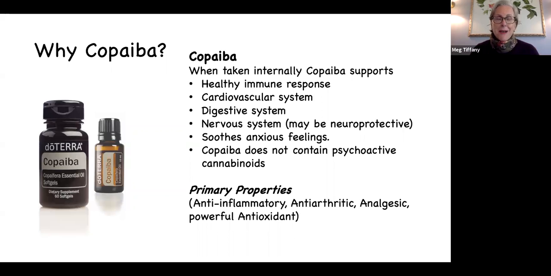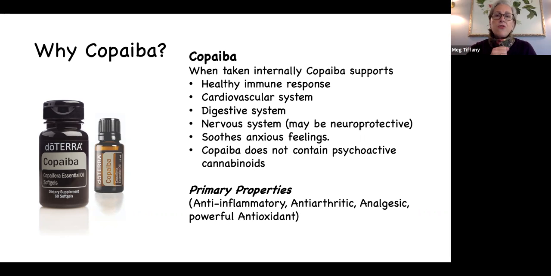Copaiba is the other fundamental, I think, in managing pain in the toolkit. Copaiba comes in a couple of different formats. It comes as soft gels, and it also comes as an essential oil. So you can take it internally, and when you do that, it really helps promote a healthy immune response. So what do we mean by that when we talk about inflammation?